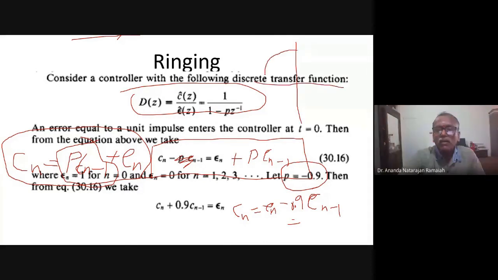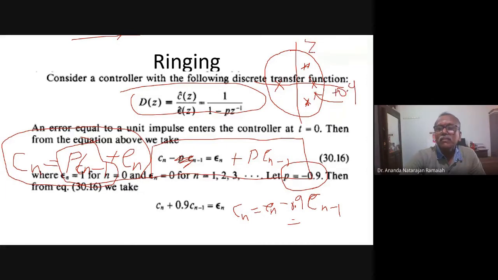Suppose if you draw all poles of the controller, it should be within the unit circle. Then only it is a stable controller. One pole controller means it must be on the real axis, either here or here.